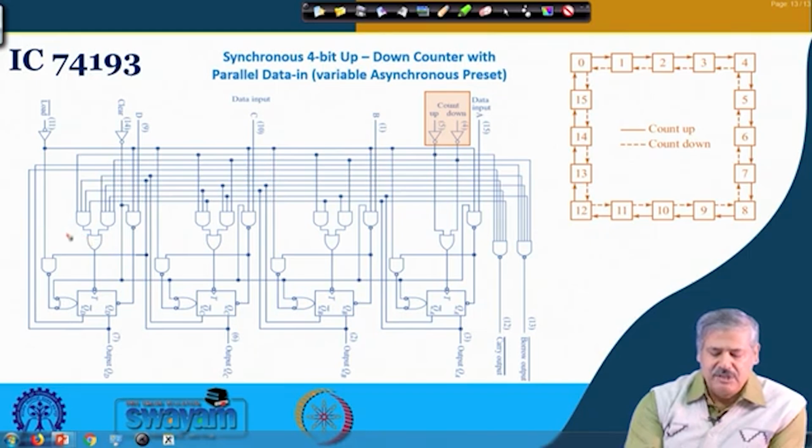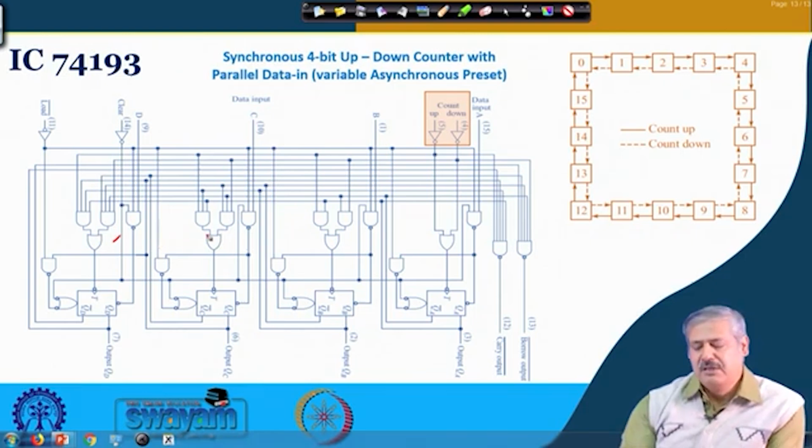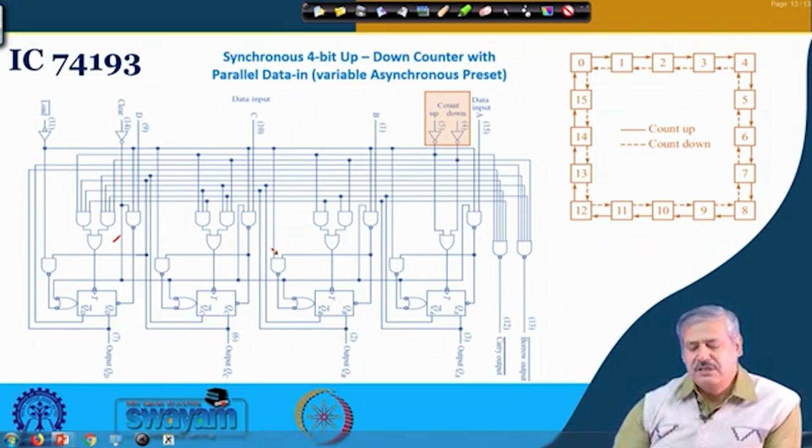Depending on count up or count down, whether A B C or A prime, B prime, C prime, that will be fed here, and similarly A B or A prime B prime, okay, A or A prime, that is the thing that will come here. So, these are the things that we already know from synchronous up counter, down counter design. So, those things are over here.